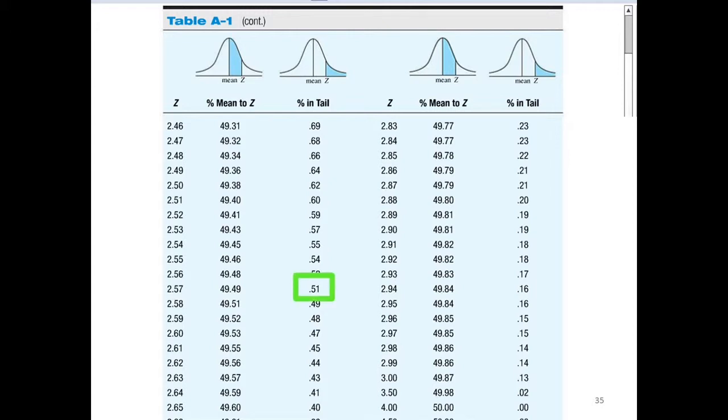Once again, we have two values that are equally close to 0.5%. For the exam, you can use either one. For the homework, try one, and if it doesn't work, try the other. But importantly, we find 0.5% in the tail, find the z-score associated with it, and the cutoff score for a two-tailed test with an alpha of 0.01 will be minus 2.57 and positive 2.57.